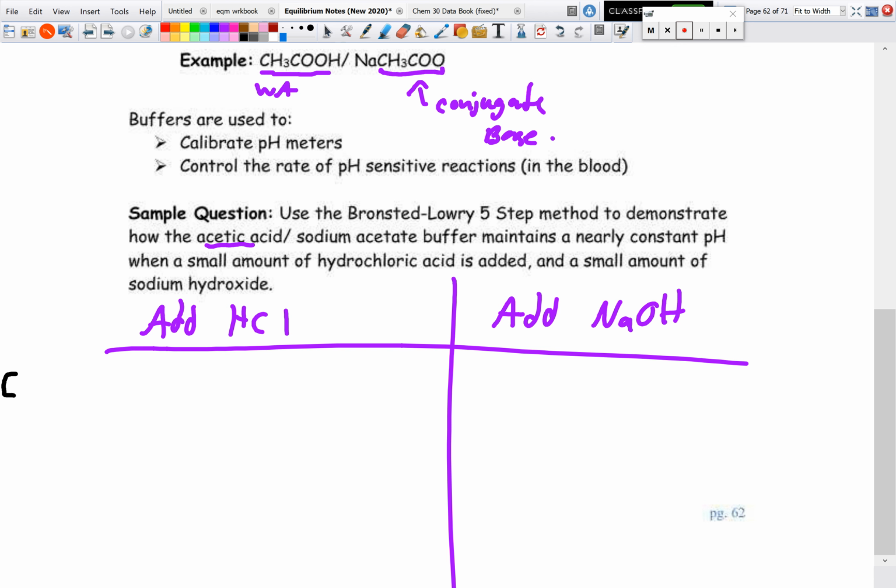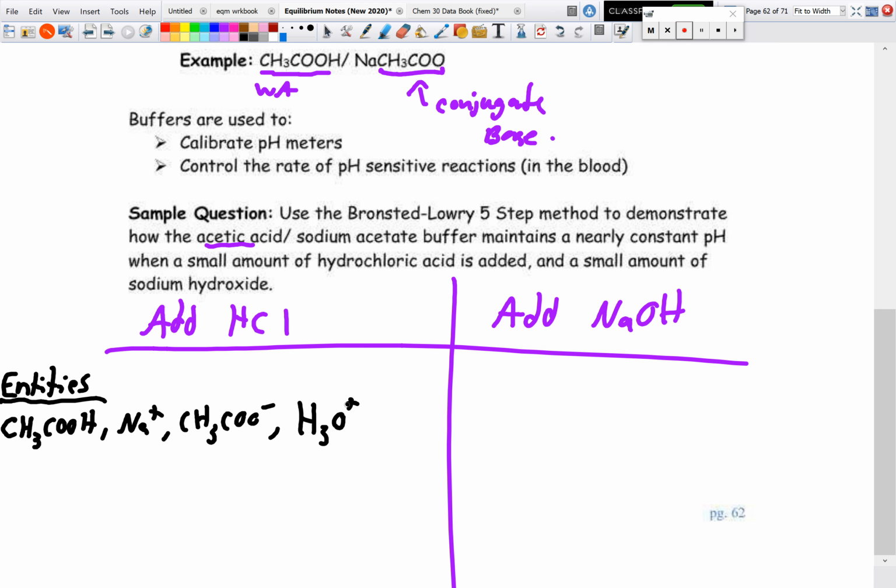Alright, so if we add HCl, well, the entities in our system, if we have our acetic acid sodium acetate buffer, so we have our acetic acid, so that's CH3COOH. We have our sodium acetate. And then, of course, if we add our HCl, that's adding H3O+ and Cl-.